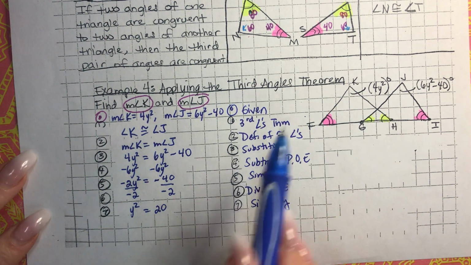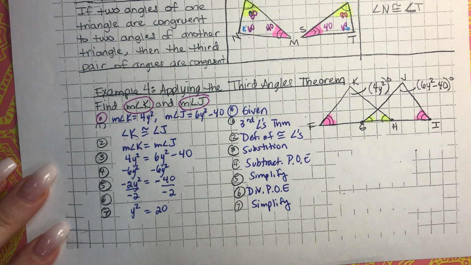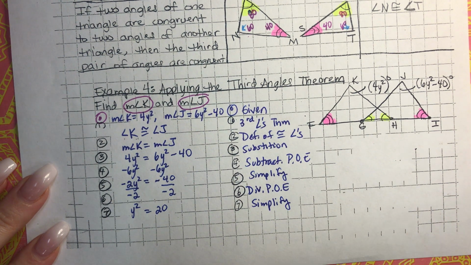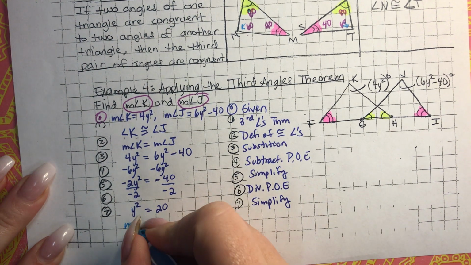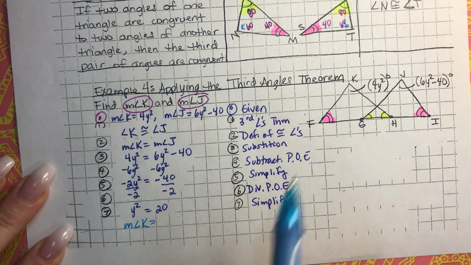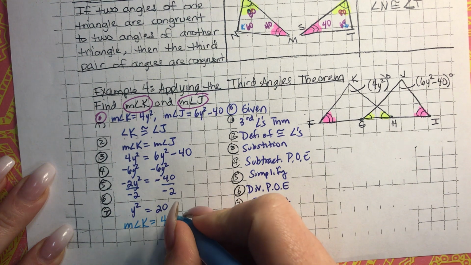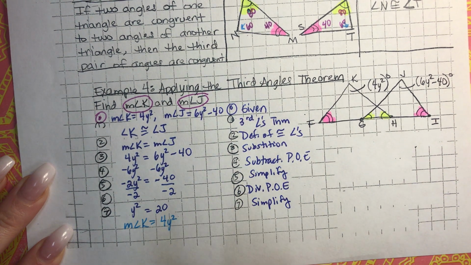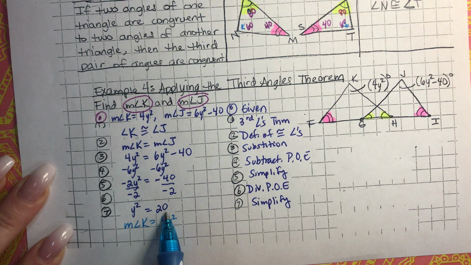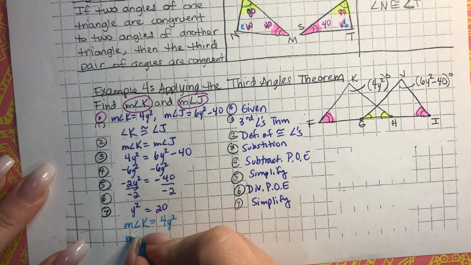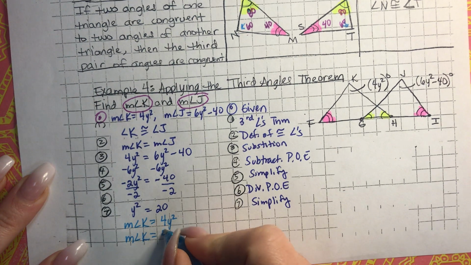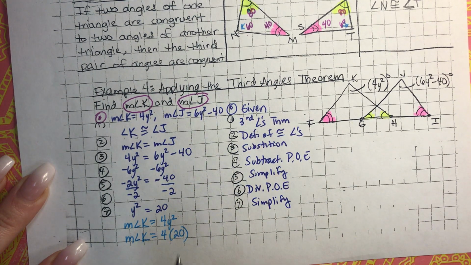So if we figure out what that first one is, I'm going to change color. Let's go light blue. So we had measure of angle K is equal to 4y squared. And so we just substitute 20 in for y squared because y squared is equal to 20. So 4 times 20, isn't that so nice?